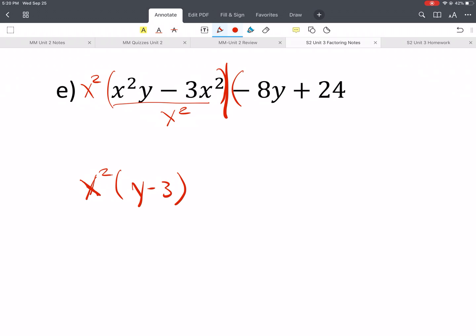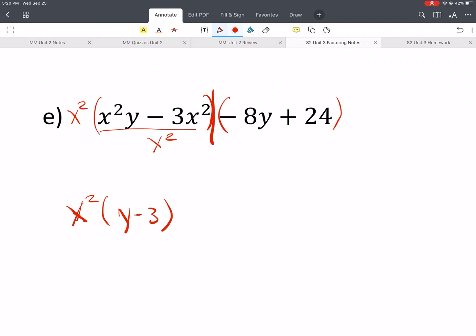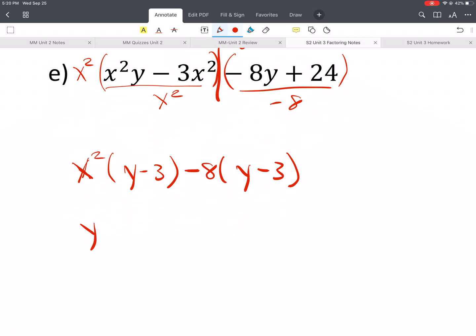And for this one, when you make those parentheses, if it's negative, keep it in there. So we could take out a negative 8. So we'd have minus 8 times y minus 3. So your answer would be y minus 3 times x squared minus 8.